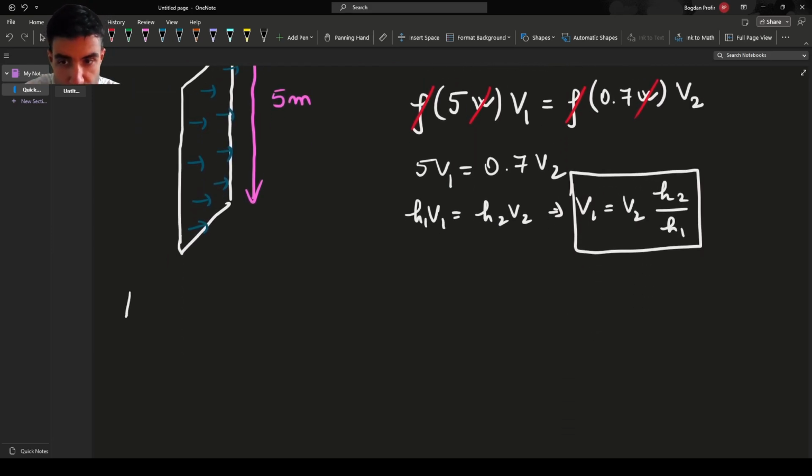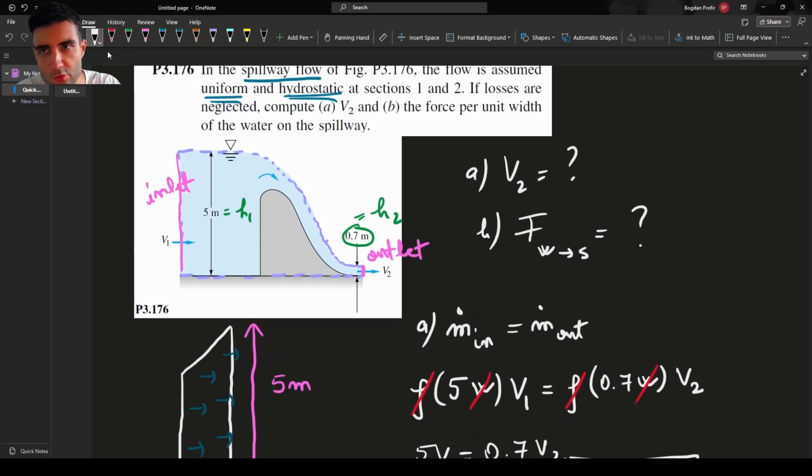So the other thing that we can use is Bernoulli. We apply Bernoulli's theorem in the following way. We're going to look at the surface of the water, let's say somewhere at this point, and we're going to follow this streamline that goes all the way to here, and apply Bernoulli's theorem.